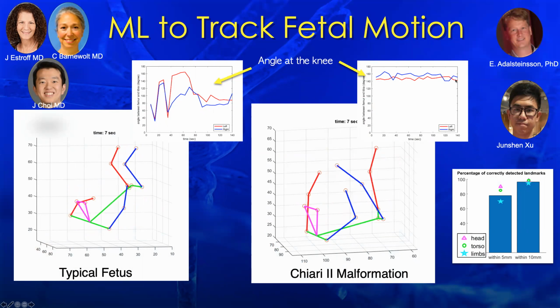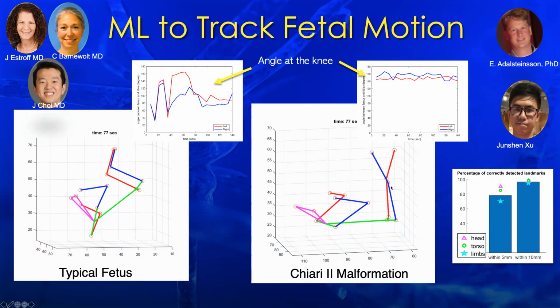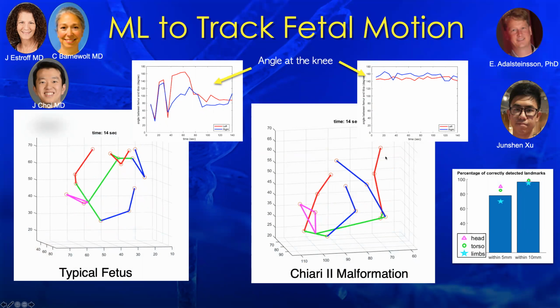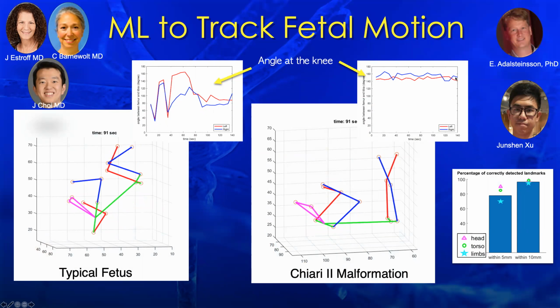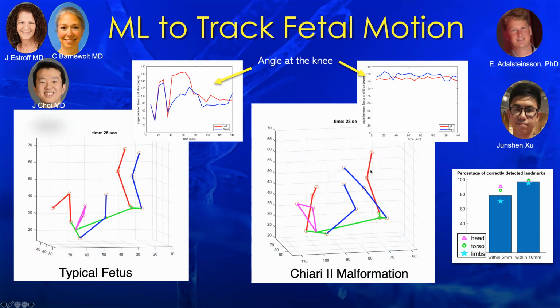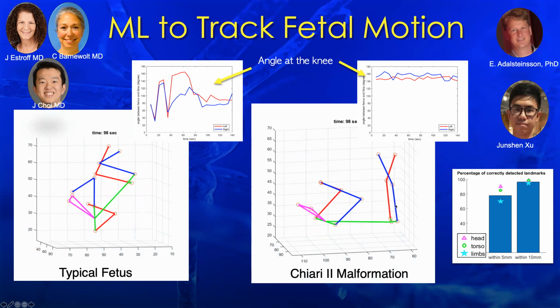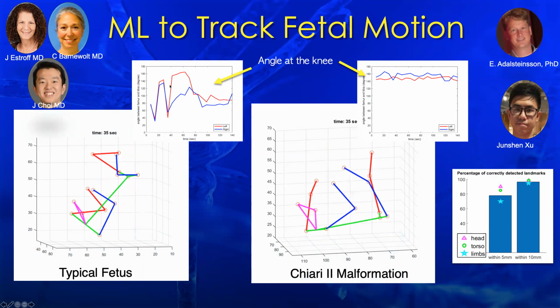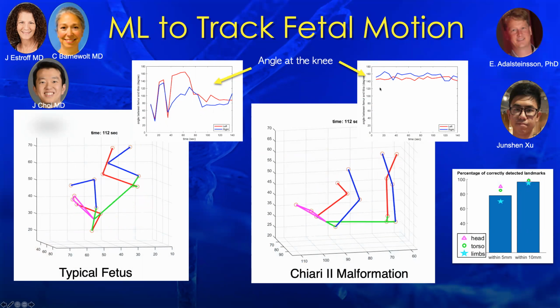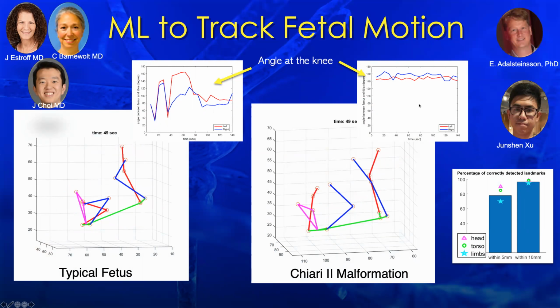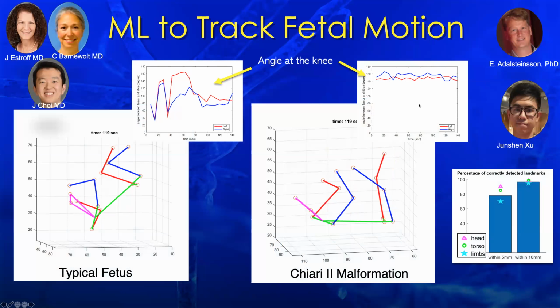Whereas the fetus that has the spinal meningocele has a knee angle that is quite large, so not very flexed, but open with not very much motion. So we can see clear differences, and actually quantify those differences over time in observations of these fetuses over about 2 minutes.